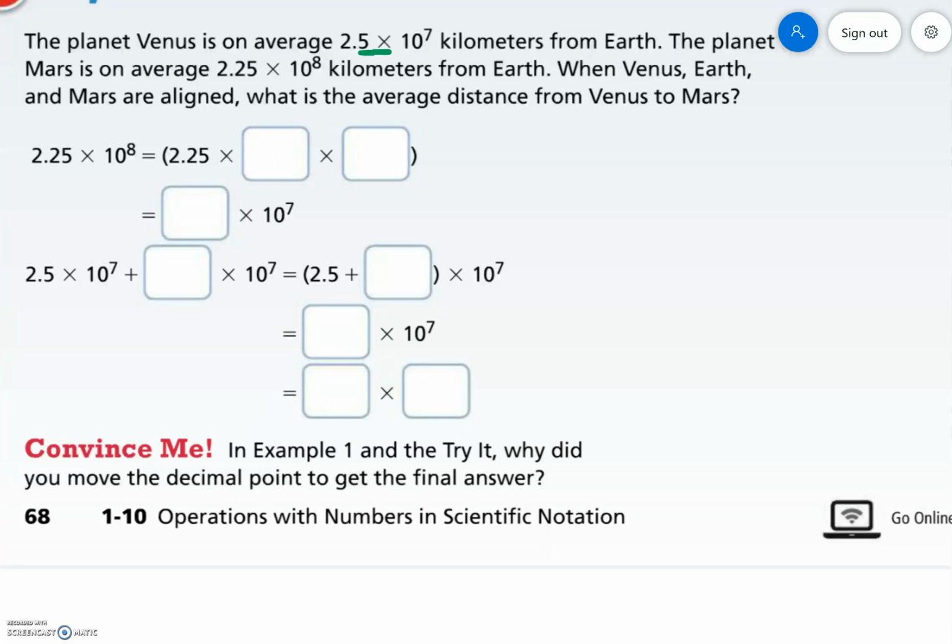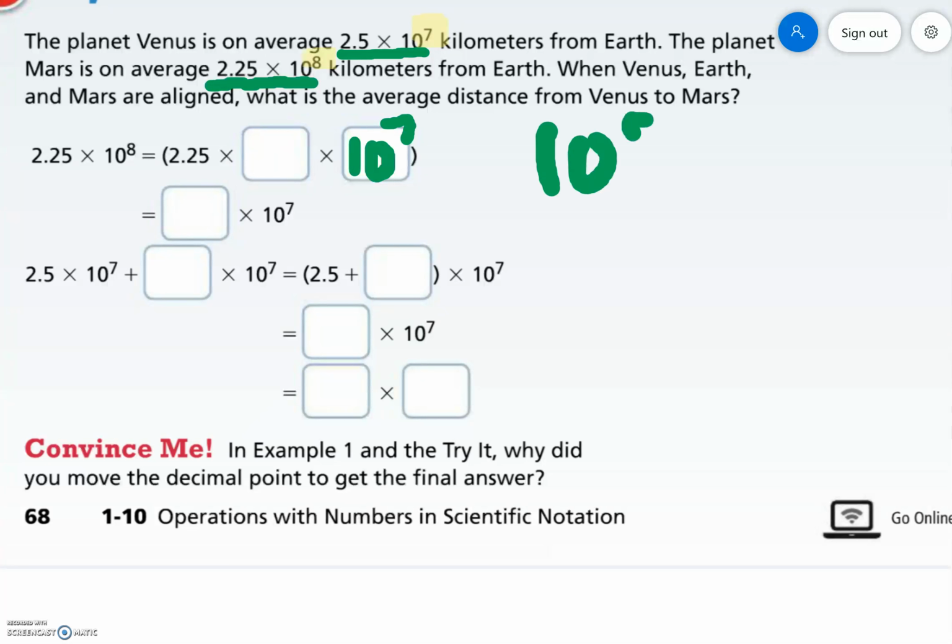So we've got this number and this number. Do they have the same exponent? No. Which one is smaller? This 7. So we need to make this 8 a 7. So we know our outside exponent is going to be 10 to the 7th. That's always the lower one.